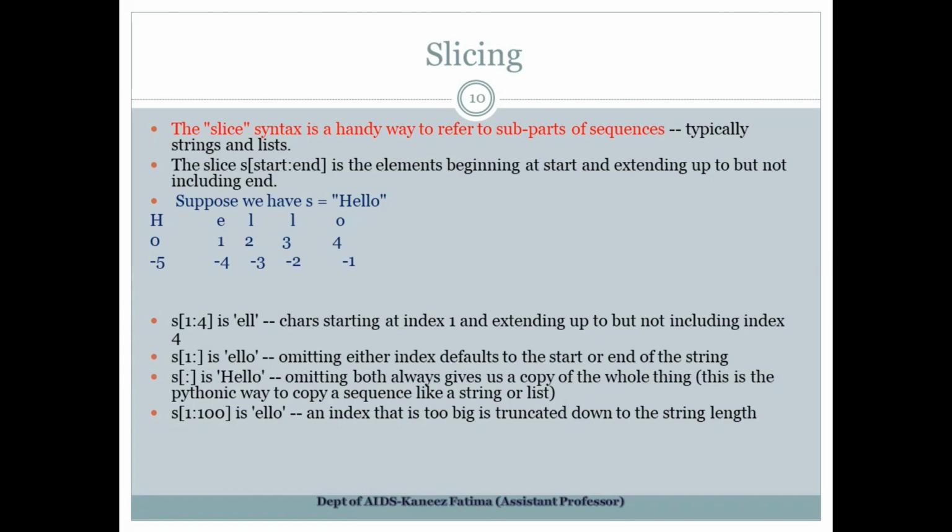Another example is S[1:100] on hello. An index that is too big is truncated down to the string length. That is, as you see above, I'm having a string of 5 letters and I want to start from the first letter and I'm giving the end as 100.